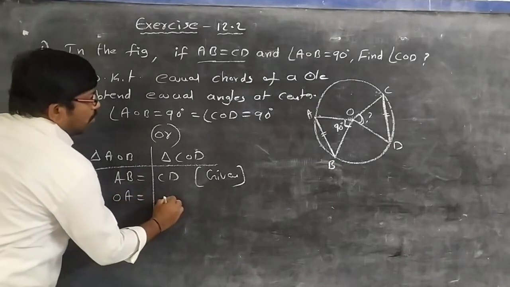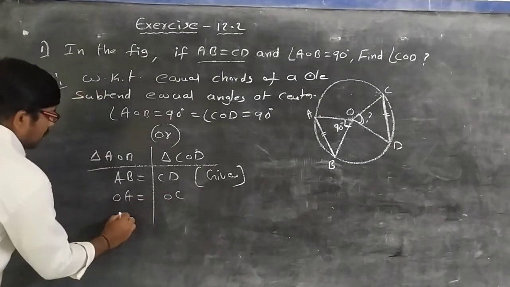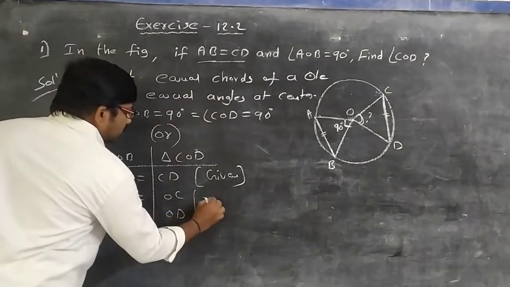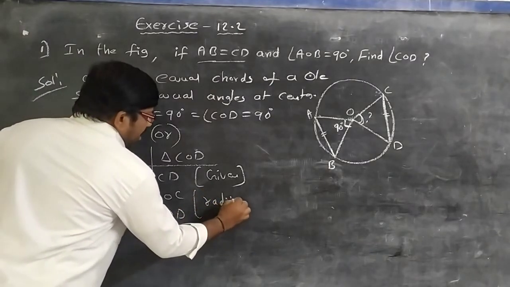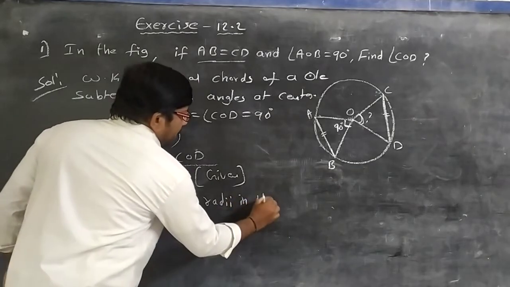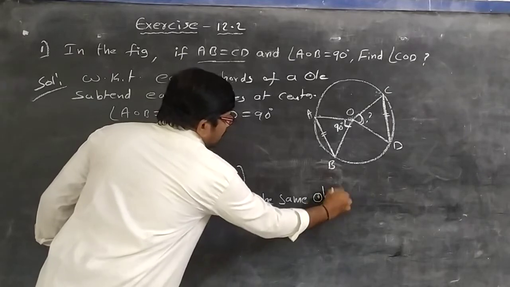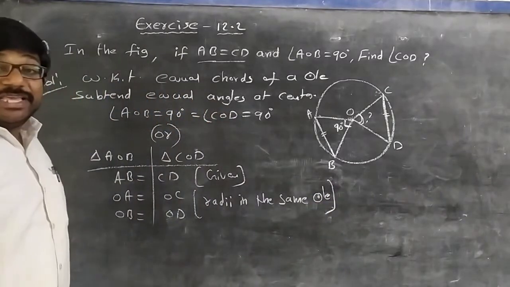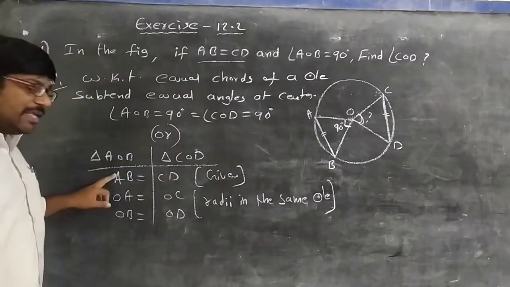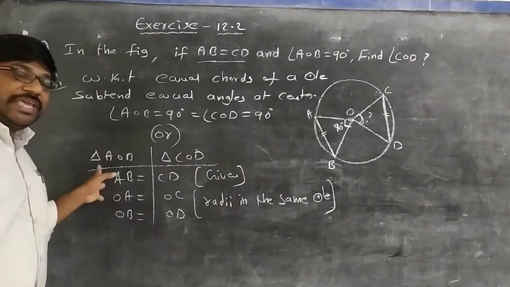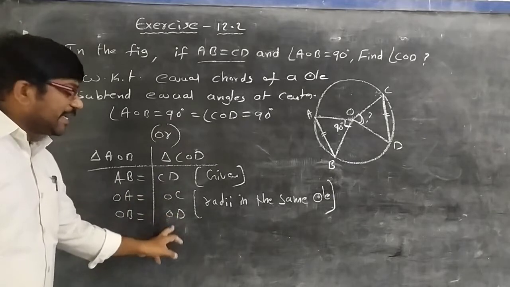OA is equal to OC. Next, OB is equal to OD. Radii in the same circle, right? The radius of the same circle is equal. So observe carefully. Three sides of the first triangle are respectively equal to three sides of the second triangle.